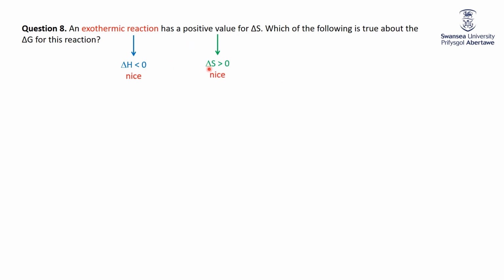The heat is going down, so that's nice, and the entropy is going up. Well, if the two components of delta G are both nice, a nice and a nice make a very nice. So delta G is always going to be spontaneous for an exothermic reaction with a positive value of delta S.